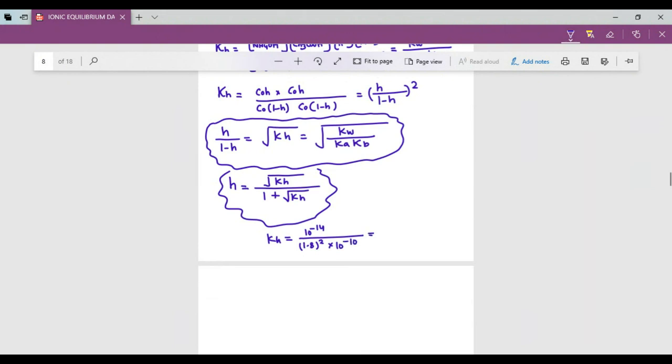So if you simplify this value, this is 10^-4 upon 1.8 whole square, right? So this is a very small value. If I take under root, this value will be 10^-2 divided by 1.8, right? This value will be under root Kh. So this under root Kh is less than 0.01, so I can neglect under root Kh with respect to 1.